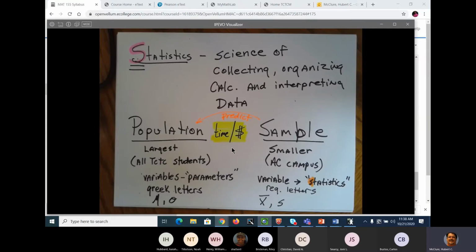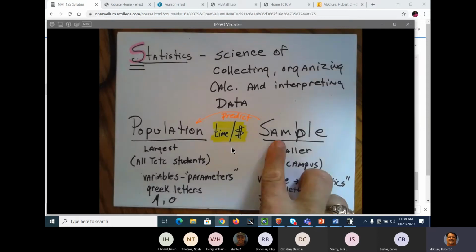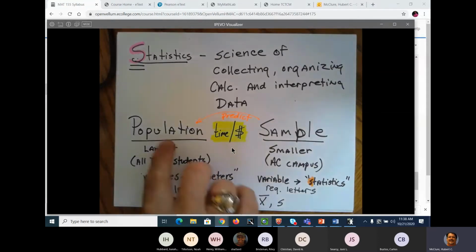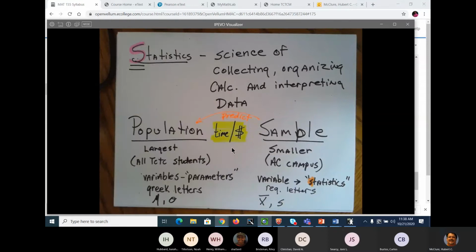Those variables are called lowercase statistics in the sample and parameters with the population. Parameters are usually Greek letters, mu, sigma. Statistics for the sample are usually regular letters, X bar and S. And you're going to see these later on. You're not going to see them right now, but you're going to see them later on.